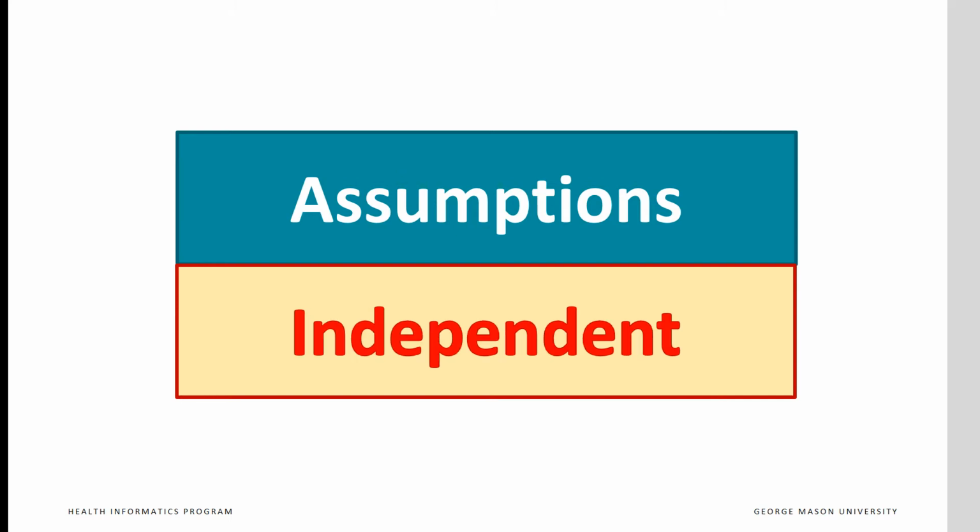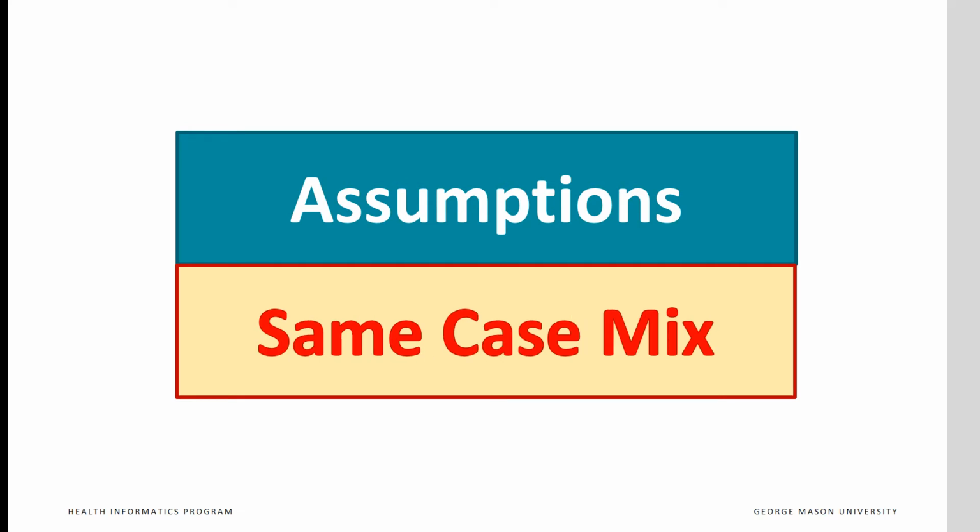The observations over time should be independent, meaning that events in one time period should not change the rate of events in another time period. For example, the assumption of independence is violated if patients in current time period can infect future patients. We are assuming that case mix does not change over time.